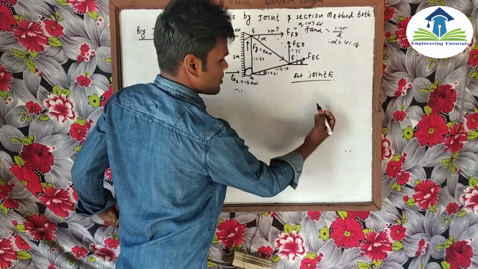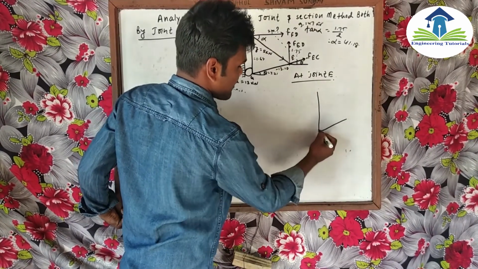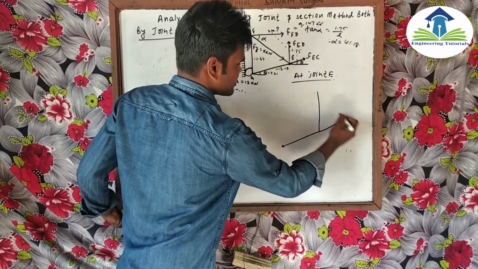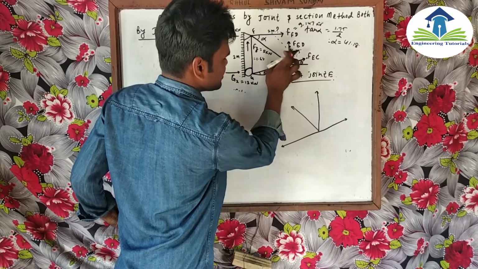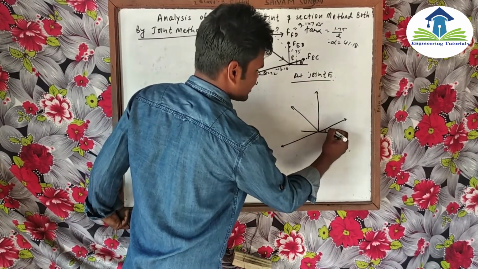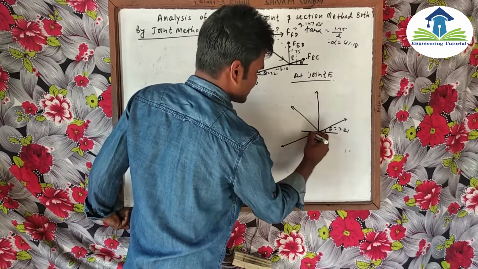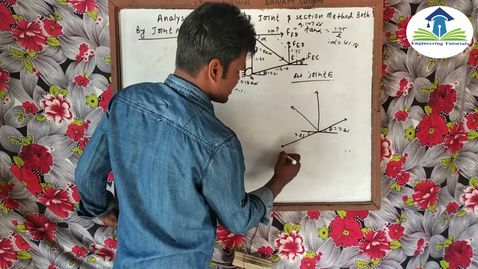We have calculated this force here, and there are four forces, and theta is equal to 7.21. This is also 7.21, and this is FGE.